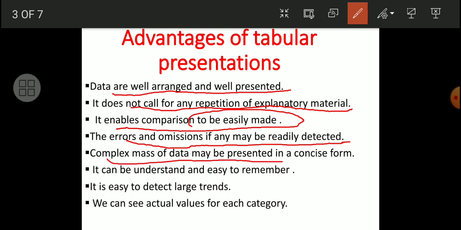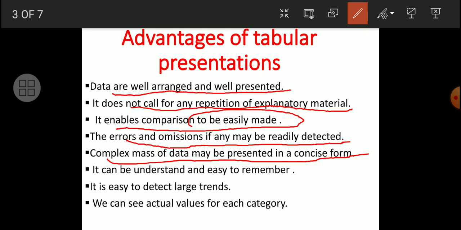Complex mass of data may be presented in concise form. Students, suppose we have collected such data. For example, suppose we have hundred pods of a pea, and we want to record the number of seeds in each pod, and we have 130 observations with us.